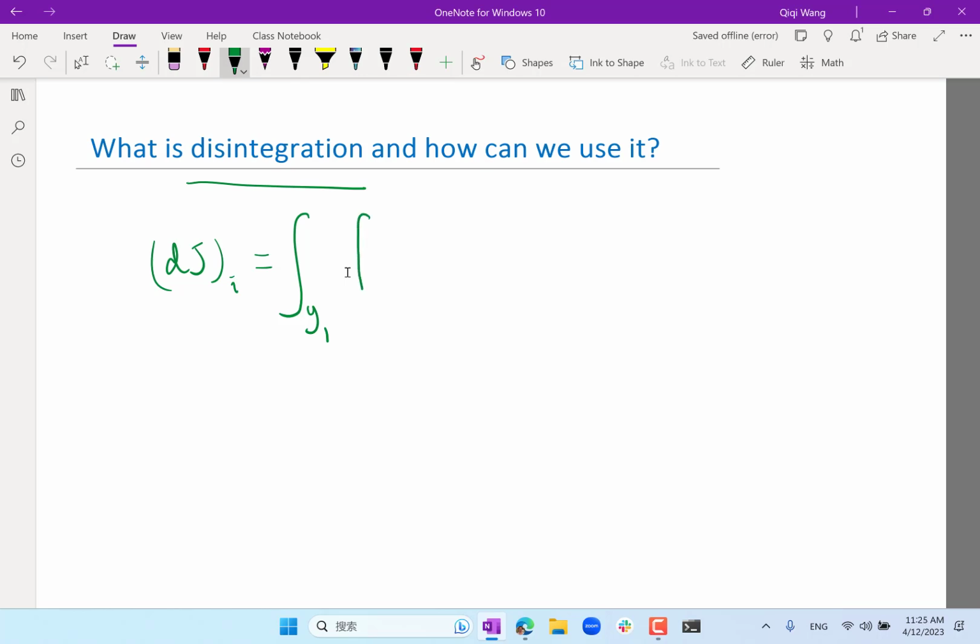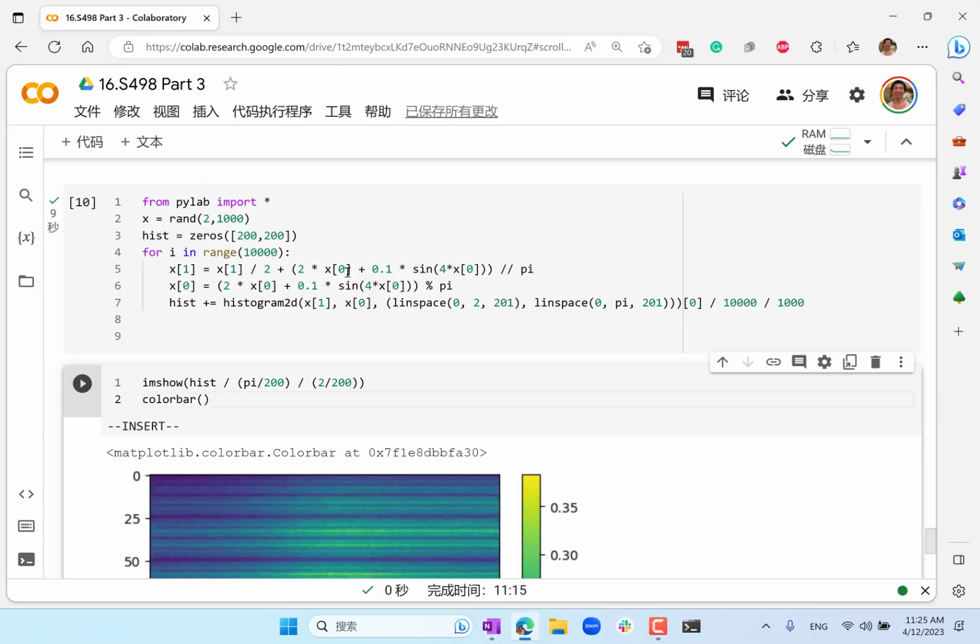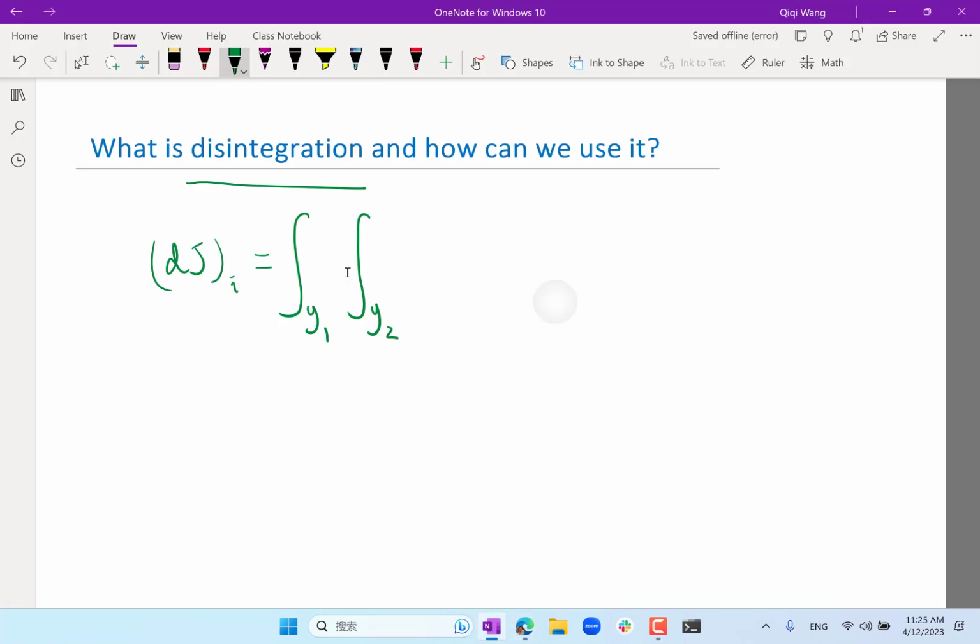And then we have an inner integral over y2, where we do want to perform integration by parts. And then we have the derivative of J composed with phi for the i-th time, evaluated at y. Now y has two coordinates, y1 and y2.